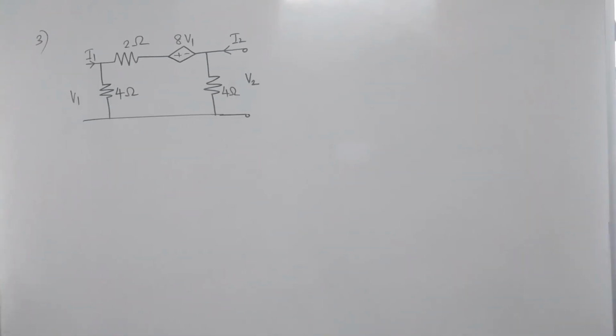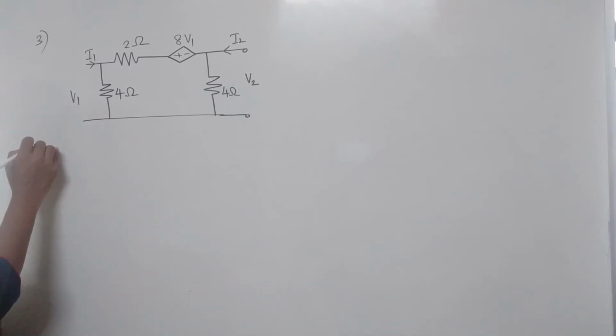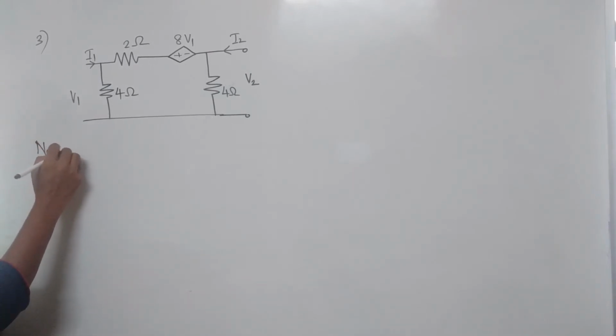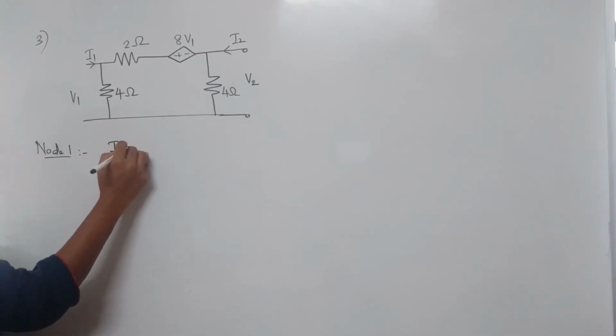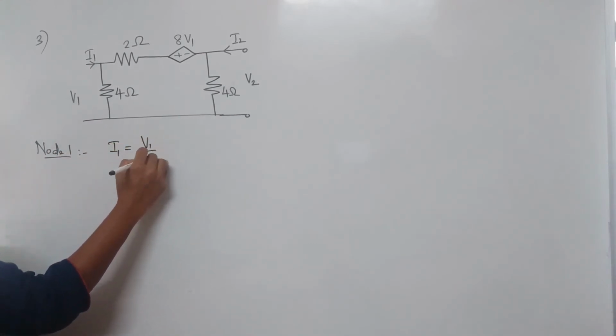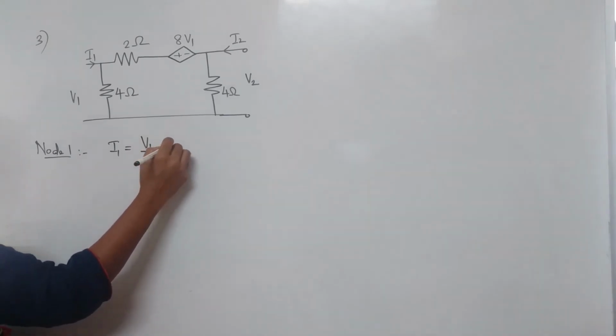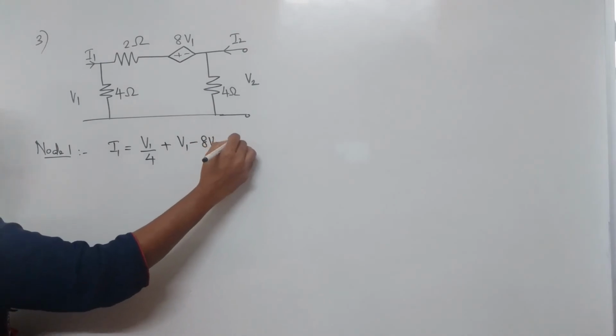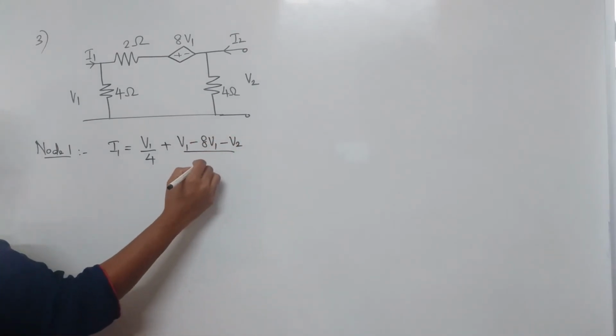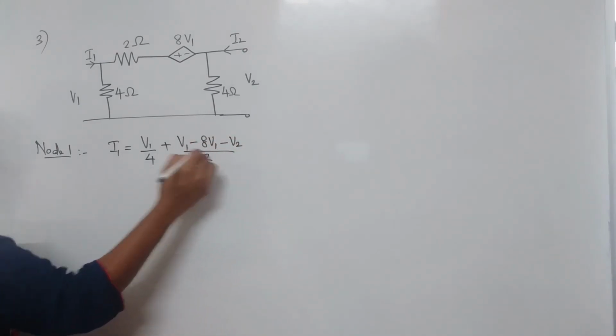Next question, find y parameters for the circuit shown. Here the circuit contains a dependent source. Let's write the node equation for node 1. It will be I1 is equal to V1 by 4 plus V1 minus 8V1 minus V2 by 2.